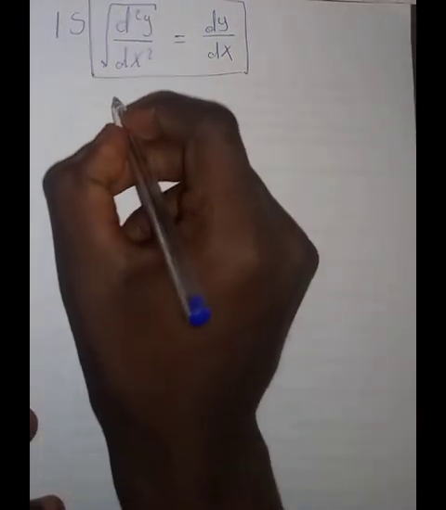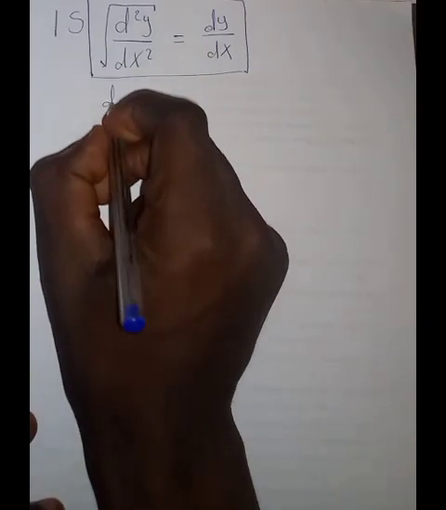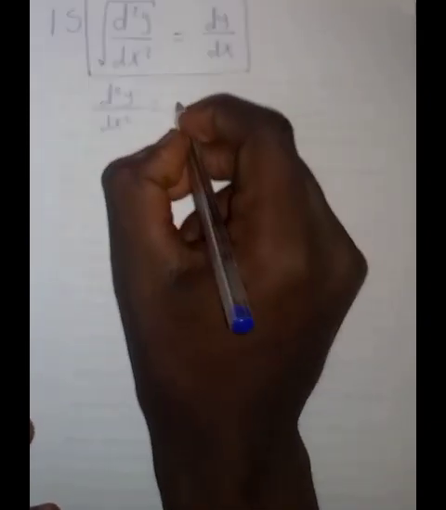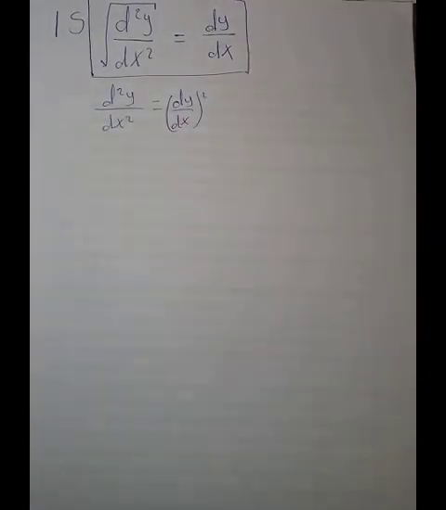So, like I said, I want us to get a certain function y for which this statement is possible. If I square this equation, I simply have the squared (d²y over dx²) equal to (dy/dx) all squared.